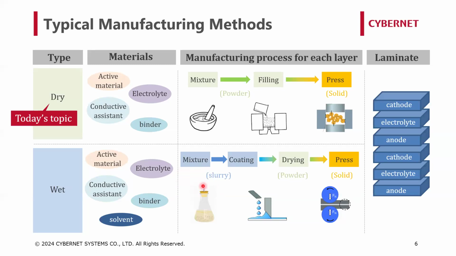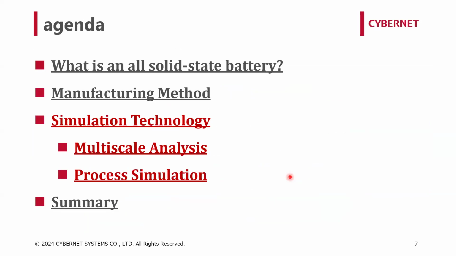Both methods have their advantages and disadvantages, but this presentation will focus on the dry process. As a last topic, I will introduce simulation technology of each manufacturing process for the purpose of battery performance evaluation.